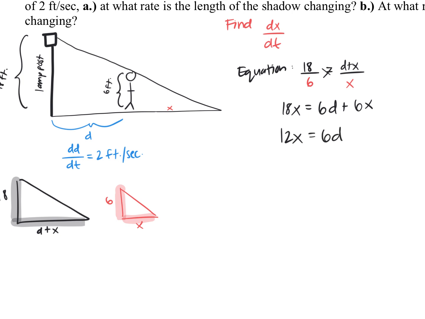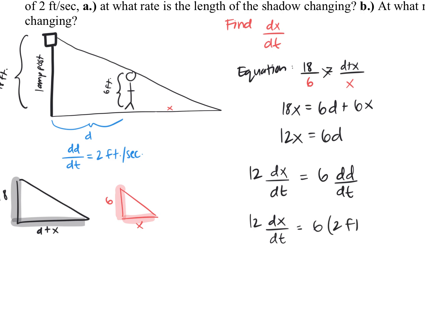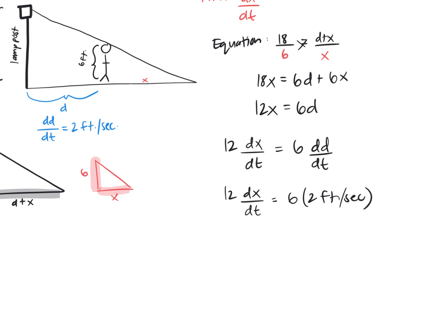So now I can go ahead and take the derivative of this. The derivative would be 12 times dx dt is equal to 6 times dd dt. And I know what dd dt is, so I can plug that value in. And then if I simplify this, I get dx dt is equal to 12 feet per second.